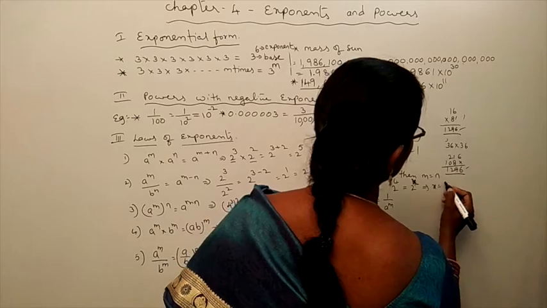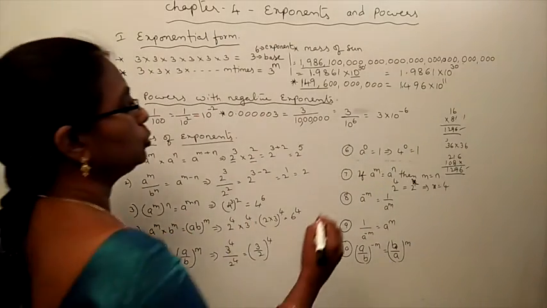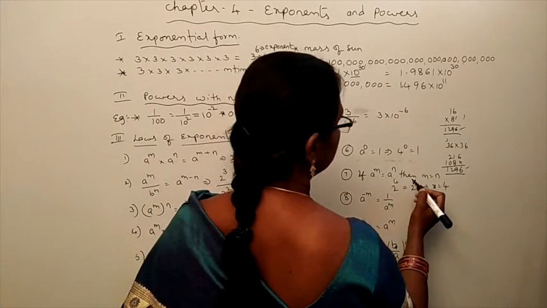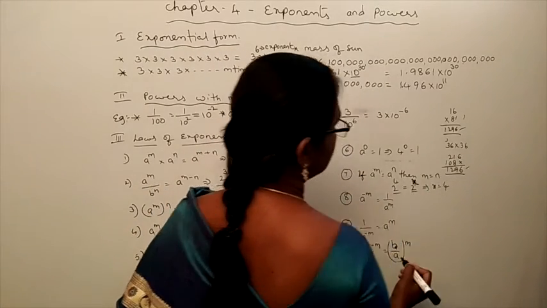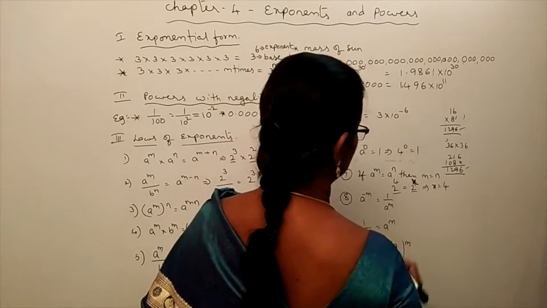Then x is equal to 4. Bases are equal, automatically powers also equal, x is equal to 4.